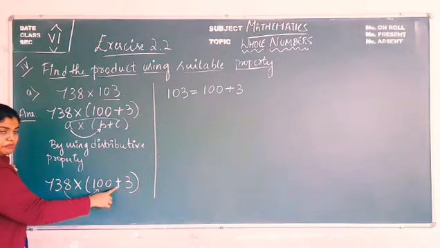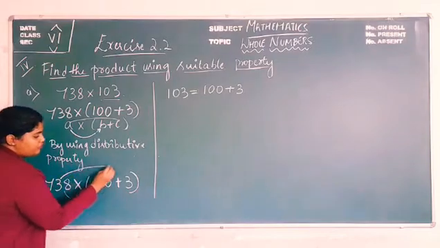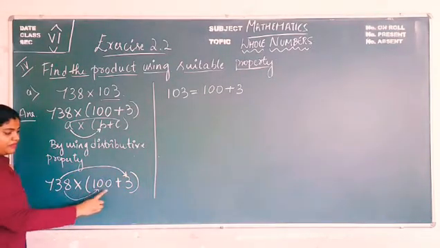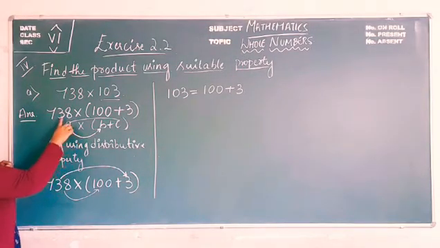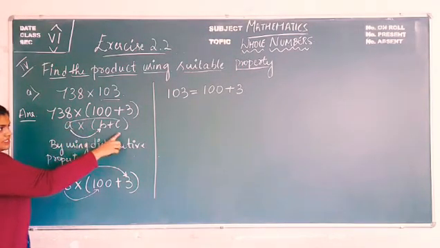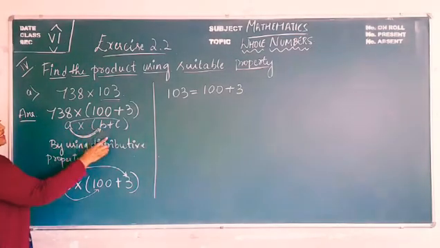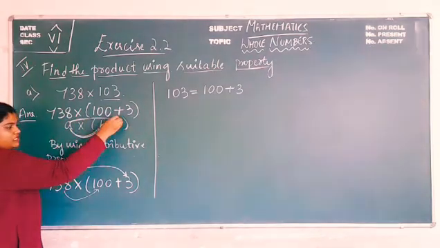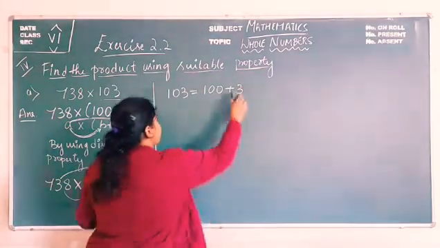Next we will write plus, then again we will multiply 738 into 3. Because this is of the form A into B plus C, first we will multiply A into B, then we will write plus, then we are going to multiply A into C.